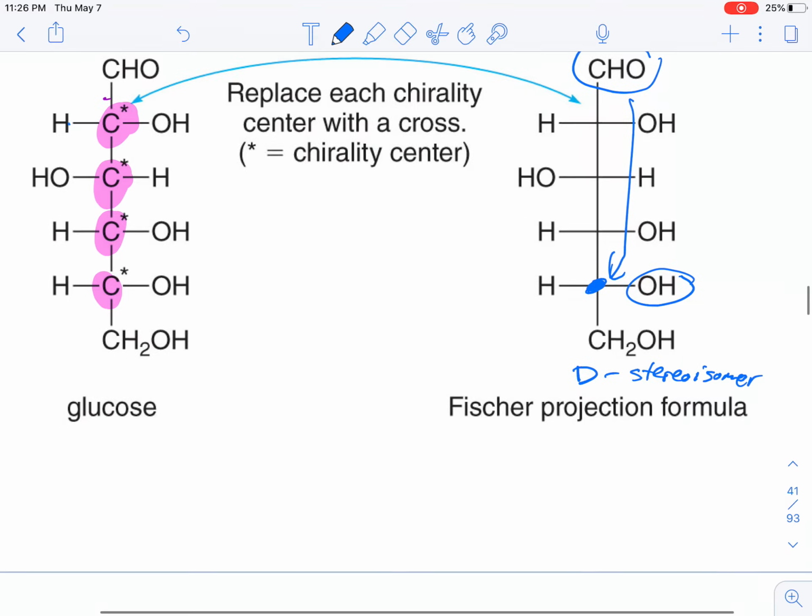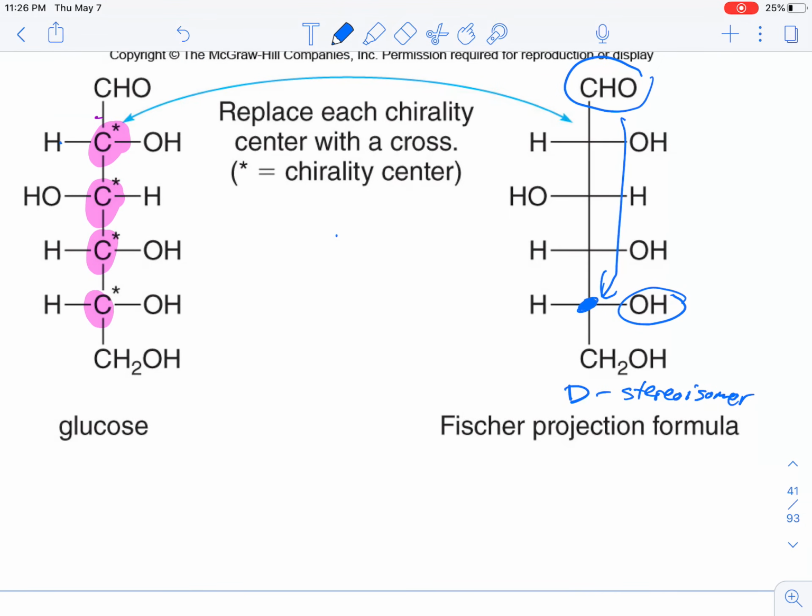Okay, and so if you have a carbohydrate such that, so remember these are all chiral centers. And so let's just say I have OH, OH, OH.